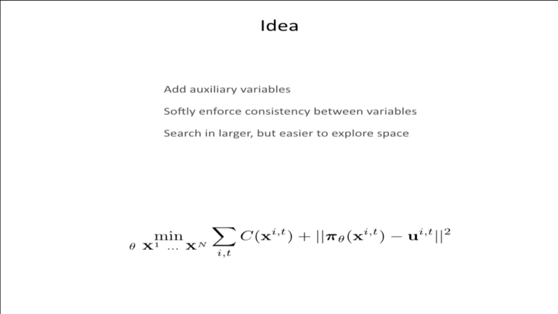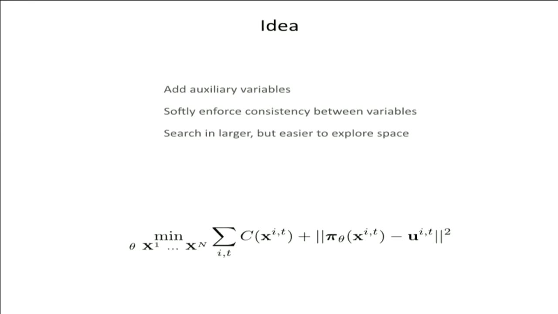And it's a similar idea that we've had in contact invariant optimization, where you essentially add auxiliary variables. Strictly speaking, the only thing that you need is these policy parameters. This set of trajectories can be implicit.